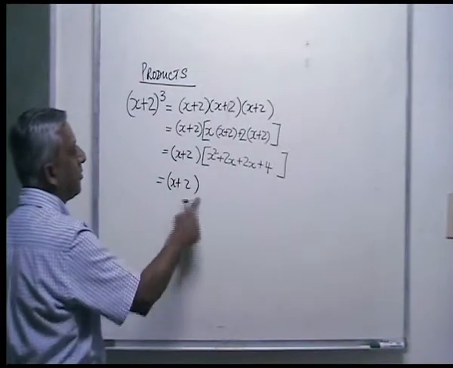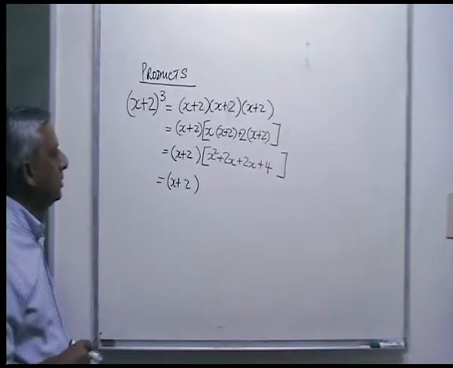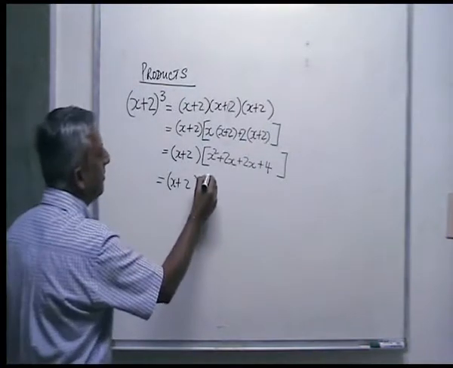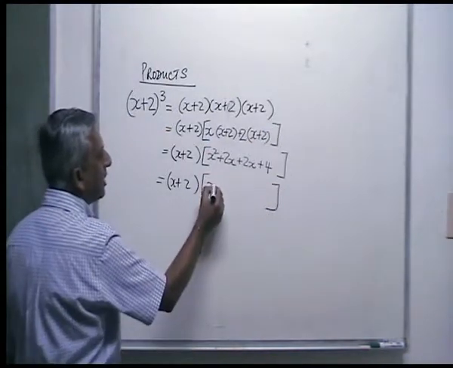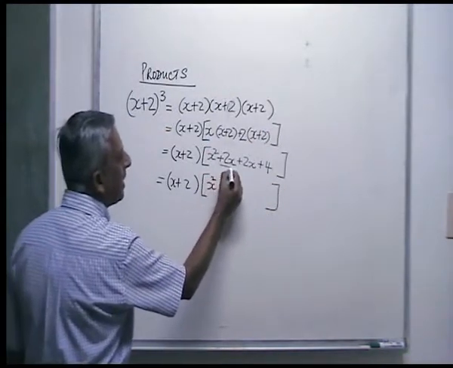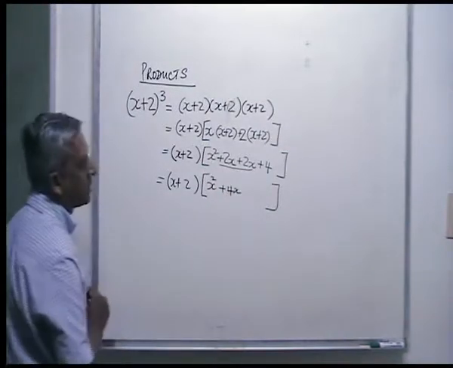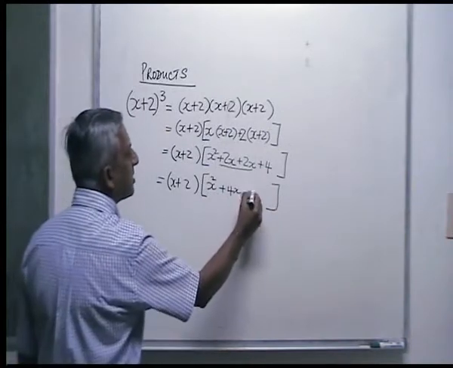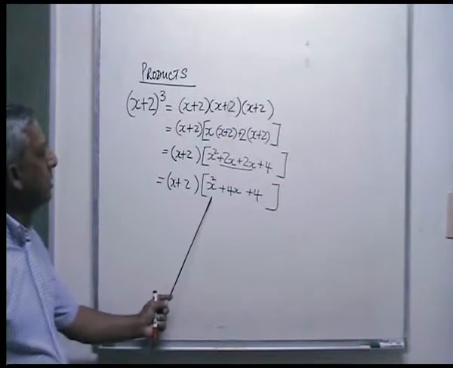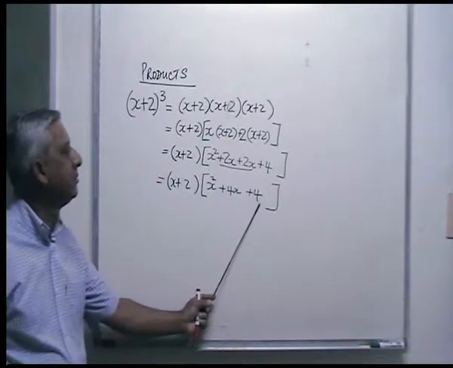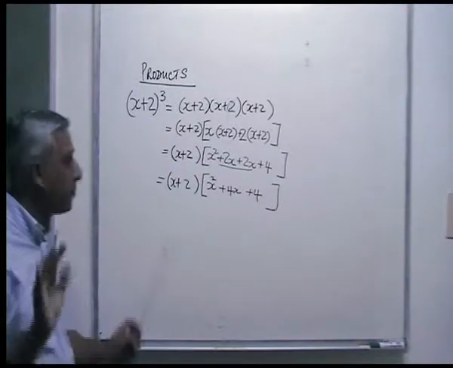I'm waiting for you to finish this. Just bring it down, just write it down like that. Good, you finished that, fine. Now let's get back here. There's your x squared. You're merely adding these 2 up and it gives you plus 4x plus 4. Okay, so I'm waiting for you to finish that part. Alright, so you finished that.